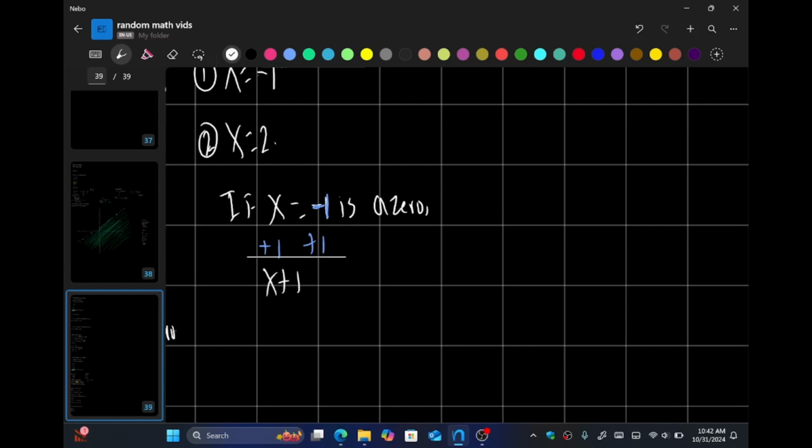We get, then x plus 1 is a linear factor. A real linear factor, a real number linear factor.